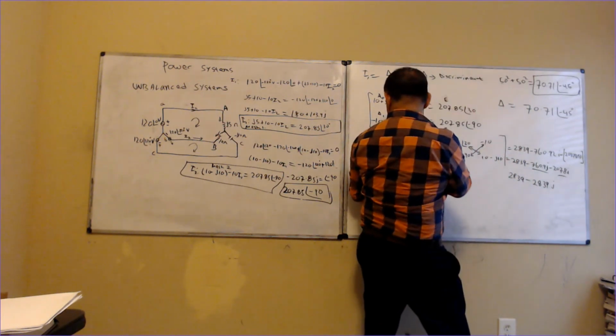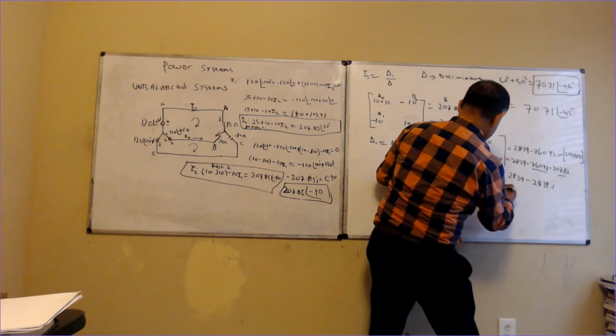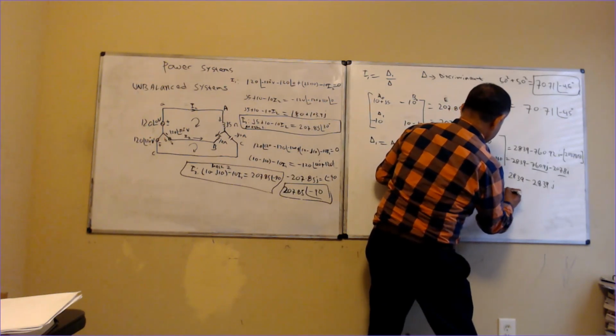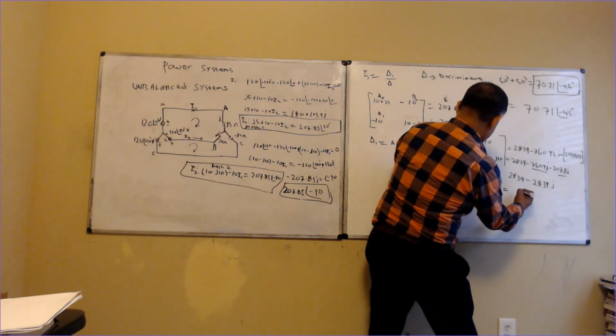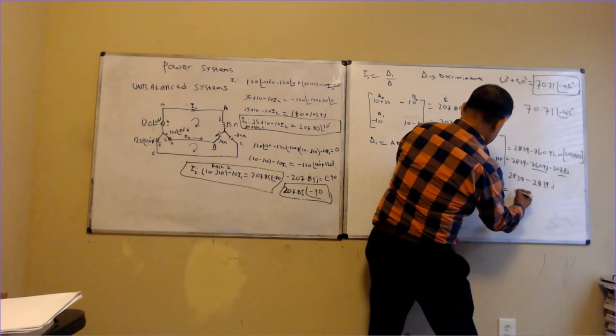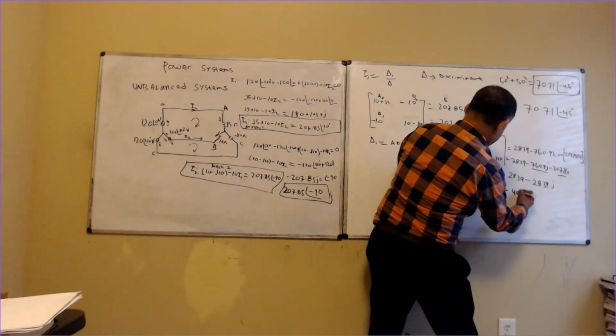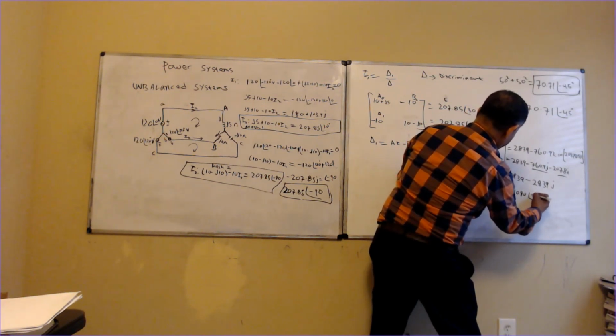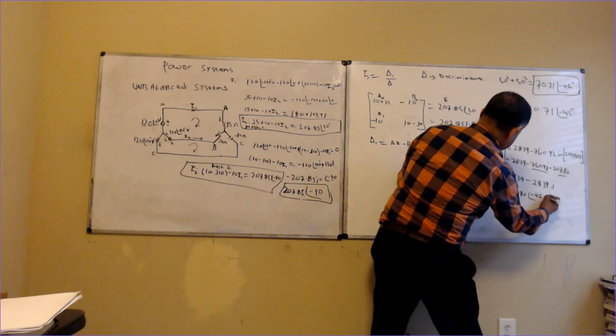So now I am doing A1, or delta 1, right? Which is going to be equal to 40, A0, angle of negative 45 degrees.